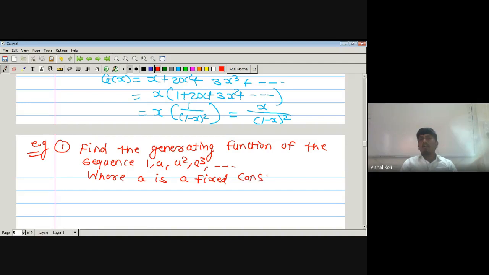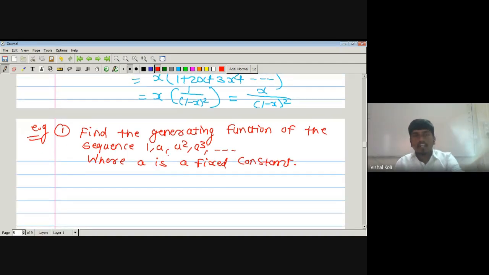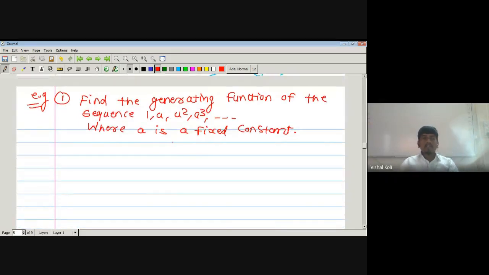Okay, now from the definition of generating function, the generating function of a sequence can be calculated as follows. If a naught, a1, a2 up to so on, ak is a sequence of real numbers, then its generating function is nothing but a naught plus a1 x plus a2 x square plus up to so on.